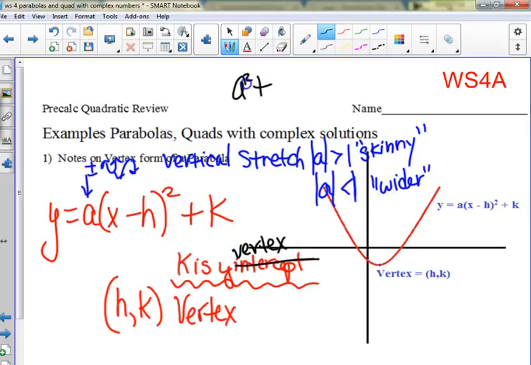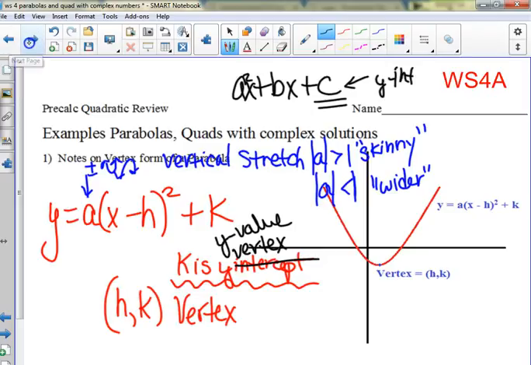When we have this form, which is called standard form of a parabola, then this number at the back is going to be the intercept, because if we put in x equals 0, we'll get out c. So in this form, that's the y-intercept. But here, we wrote this down wrong. K is not the y-intercept. K is the y value of the vertex. That's my bad. I should have got that.